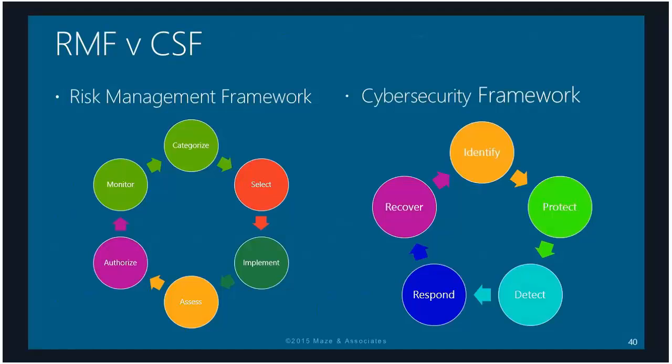You need to implement those controls. You need to assess those controls, make sure they're functioning as you thought they were. And then you need to be able to detect if something has gone wrong, so continuous monitoring. You need to be able to respond to that and recover from any type of accident that happens. The risk management framework is doing kind of the same thing.